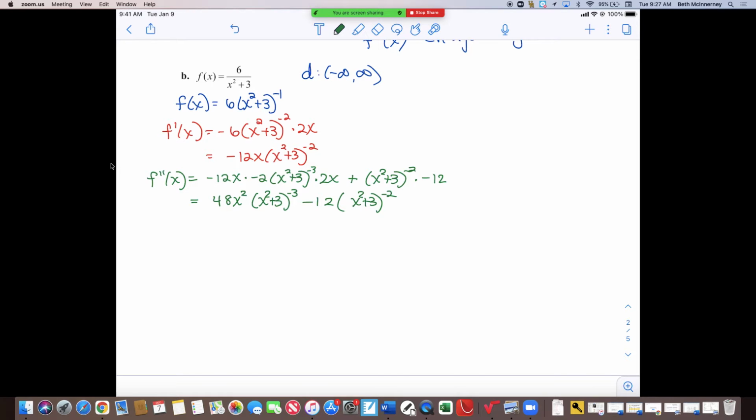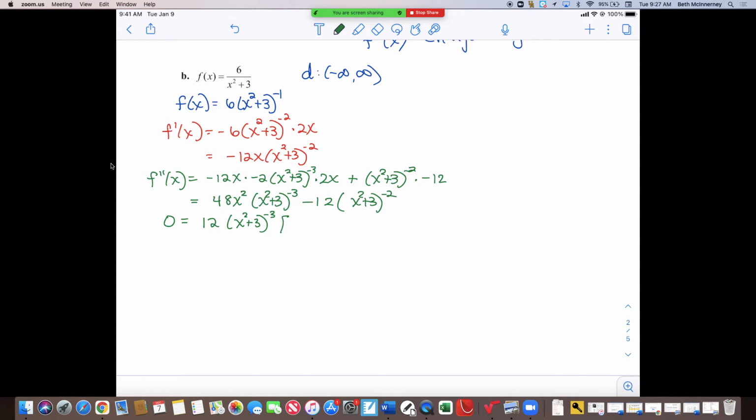So then I am wanting to set this equal to 0. And let's see if you can stay with me here. If I factor the 12 out of the 48 and the 12, but then when I have x squared plus 3 to the negative 3 and x squared plus 3 to the negative 2, I want to pull out the greatest common factor, and that's actually going to be to the negative third power.